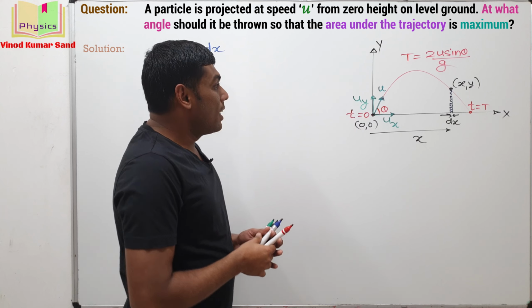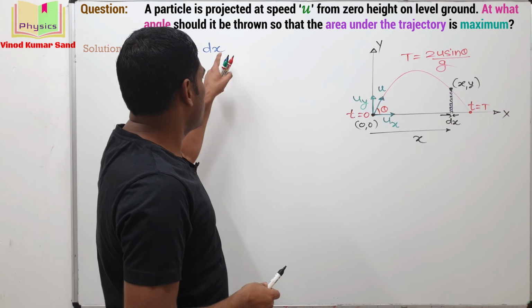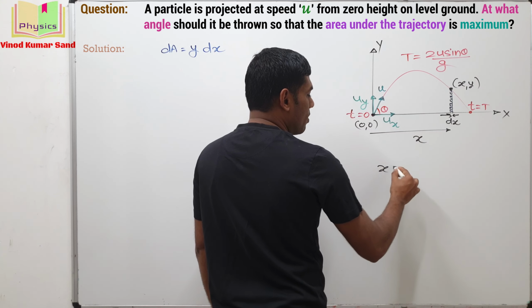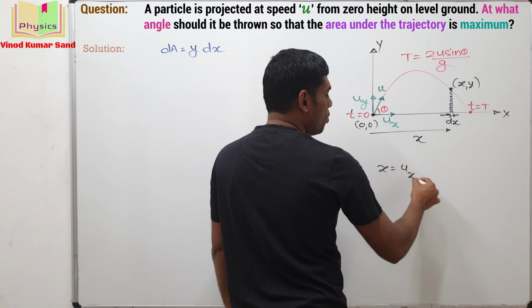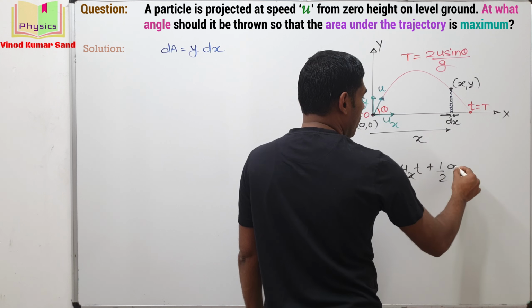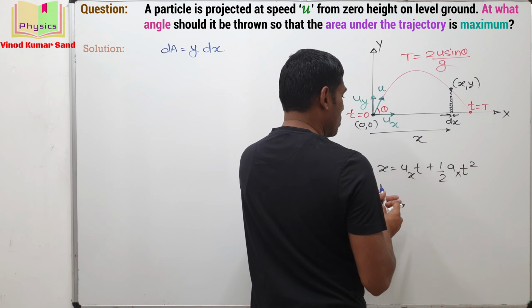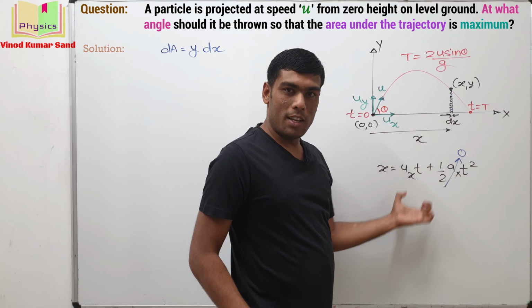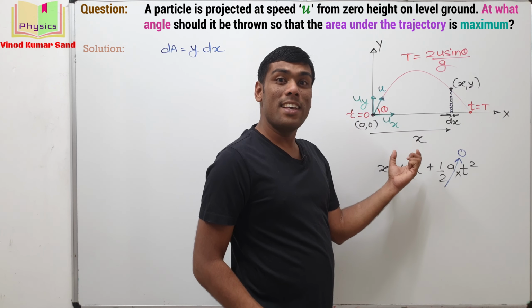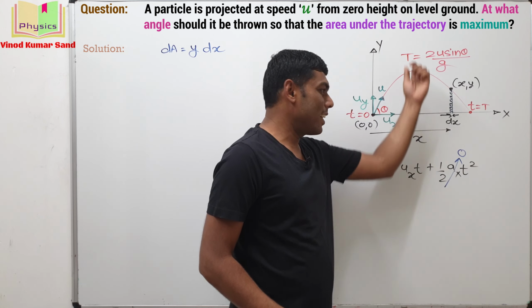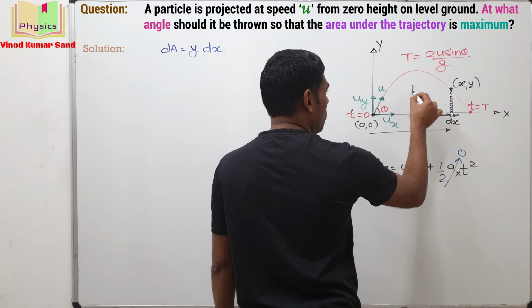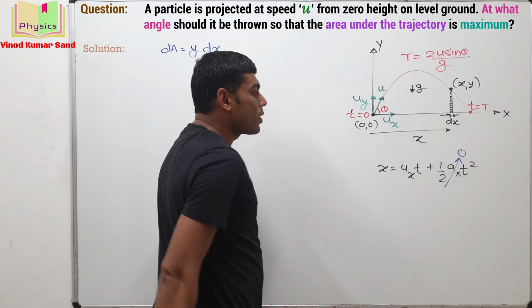Okay, now let us obtain y as well as dx. We know that x will be equal to uxt plus half axt square, and there is no acceleration in the x direction because the only force in this case is the gravitational force, which is acting in the vertically downward direction. Okay, acceleration due to gravity is like this.